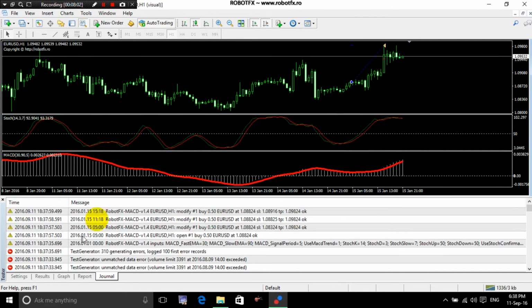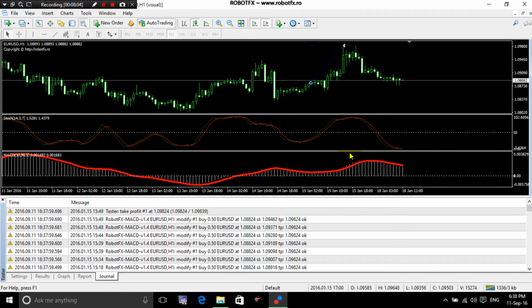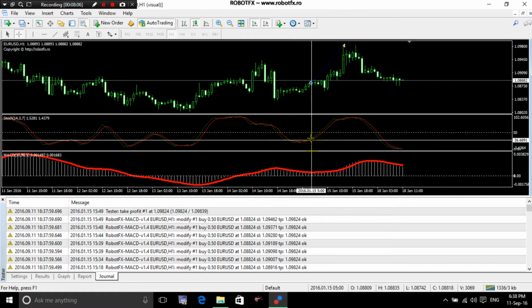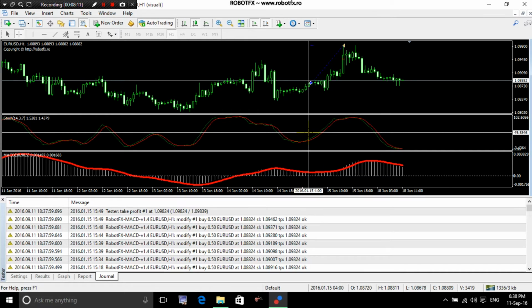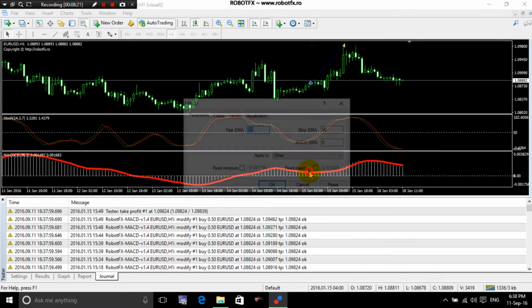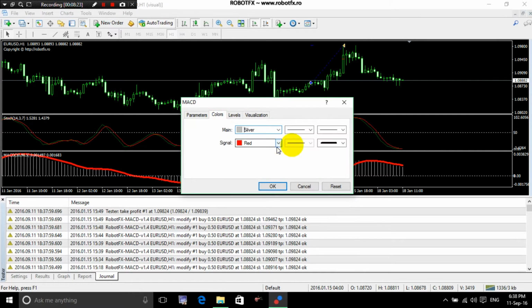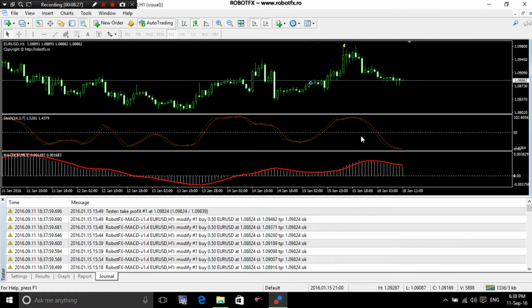As you see, it opened the first trade. As per settings, the stochastic is below the level that we set, which was 50, and the stochastic, the green one, is above the red one. And somewhere here, why did I make this signal line so thick? I cannot see anything.